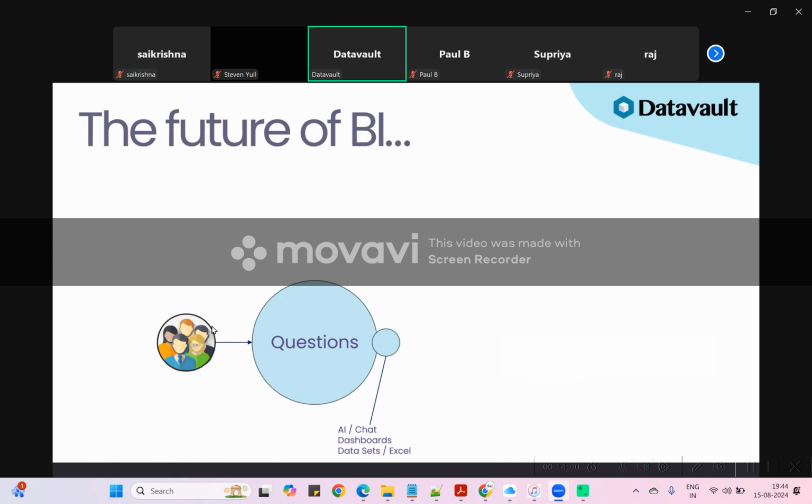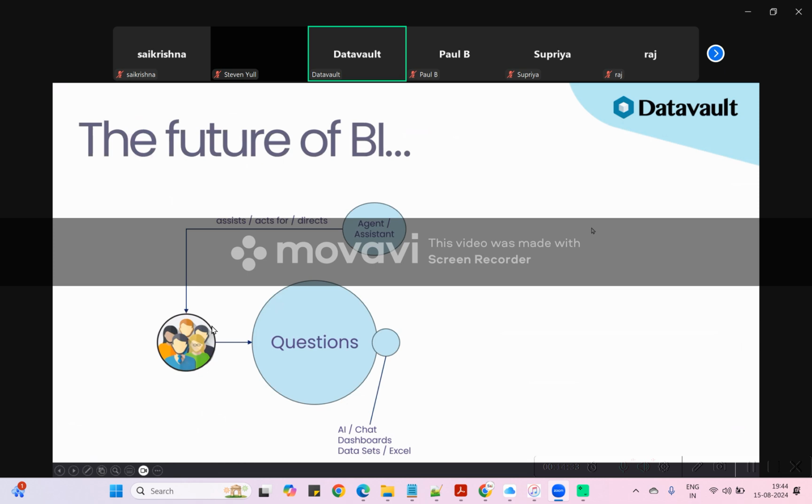I guess if you want to look at this in a simple sense, this is the future. We've got users who are going to be increasingly asking questions and using some kind of Gen AI chat area, specialized chat for supporting their roles. Still doing dashboards, still taking data sets out in Excel spreadsheets, playing with data, but increasingly asking questions and using that information for business benefit.